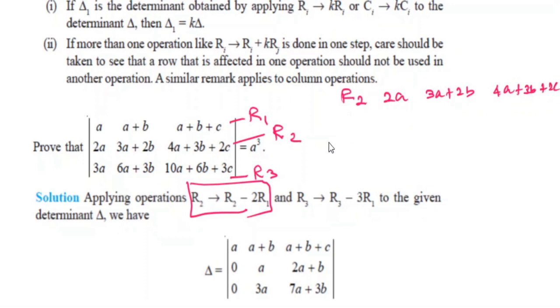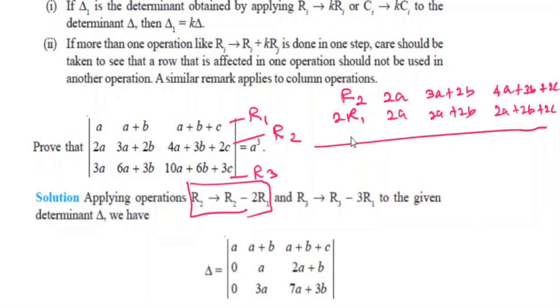Now 2R1. So let us write 2R1: 2A, then 2 into A plus B, that is 2A plus 2B, and 2 into A plus B plus C, that is 2A plus 2B plus 2C.